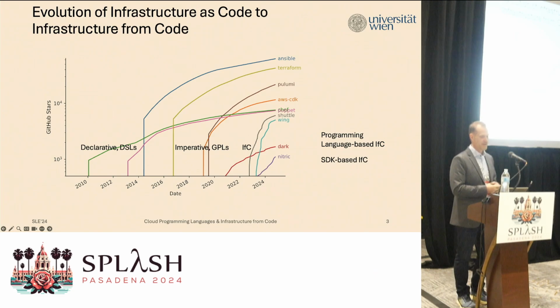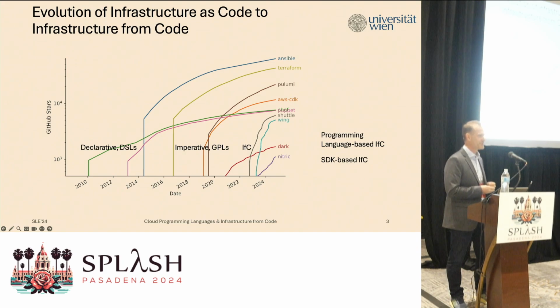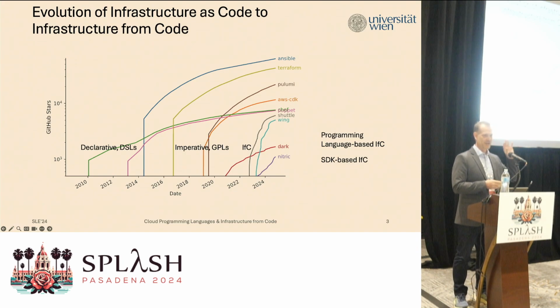So it's a very highly dynamic area. As you see, it's a very recent development. I didn't put all the infrastructure from code solutions there. We thoroughly evaluated a lot of solutions, and it's also not binarily classifiable.